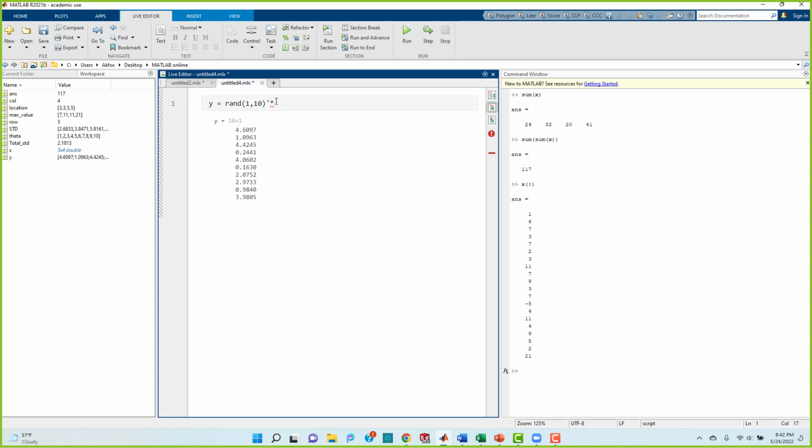So between 4 and 16 is 12 digits, right? And then we'll add our smallest number, which was 4. So this is a difference between the maximum and minimum, the 4 and 16, and then we add the smallest number to it. And now these should all be between 4 and 16.